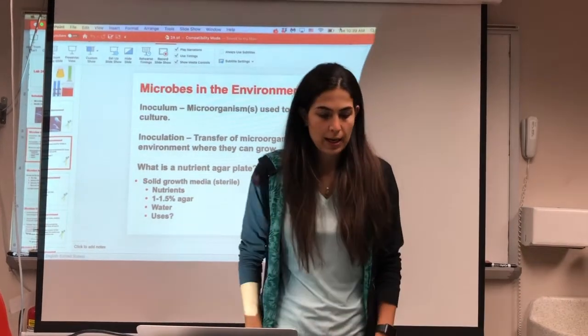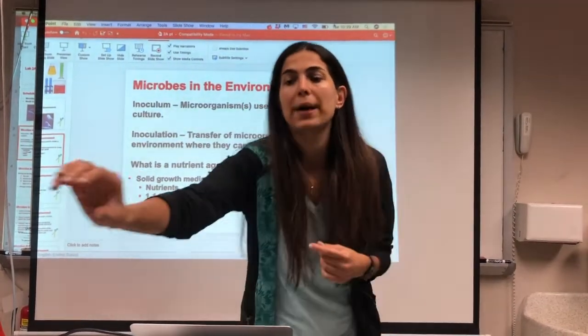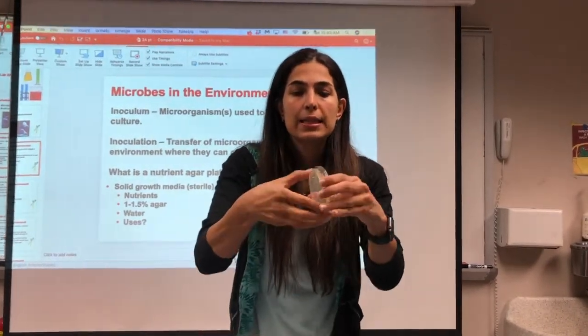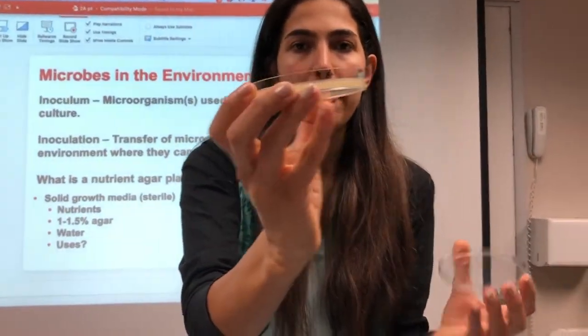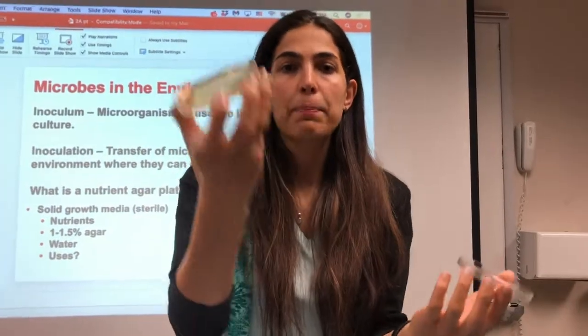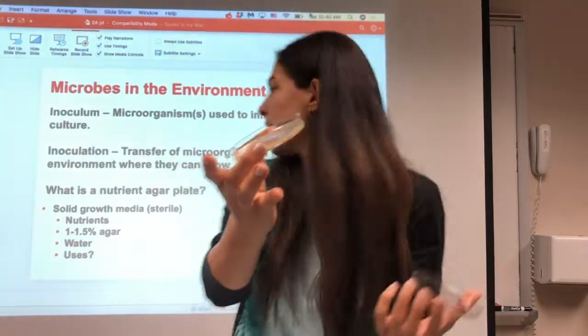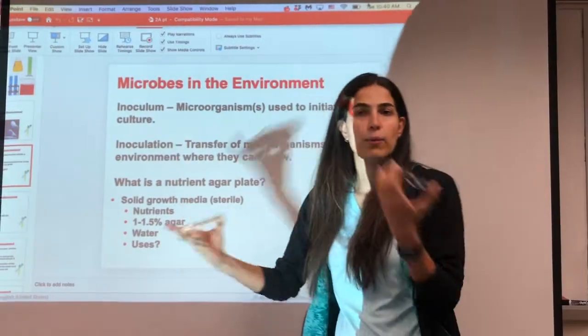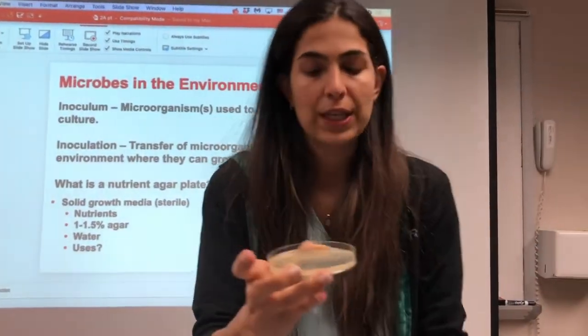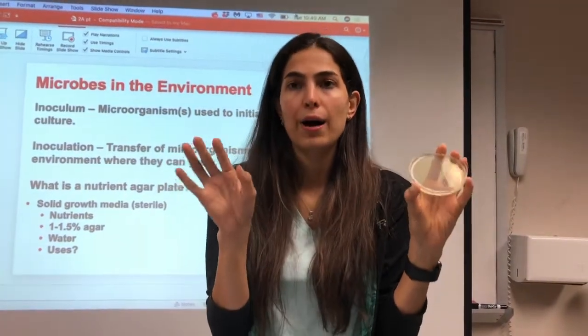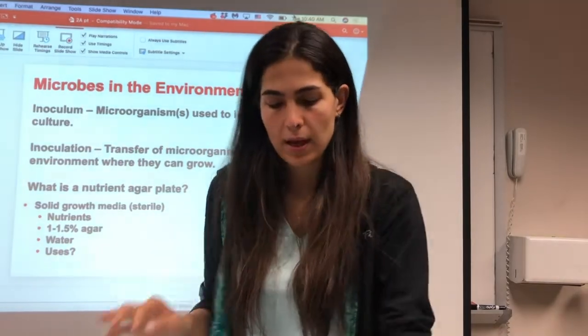The nutrients are important for bacteria to grow. This is the agar plate. This part is the agar side, and this is the lid. Bacteria can grow on the agar side because it has the nutrients, the agar, and the water, and we also need to streak out on the agar side. I will show you how to streak on an agar plate.